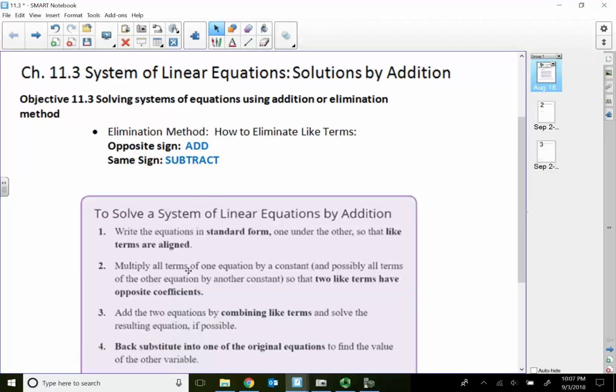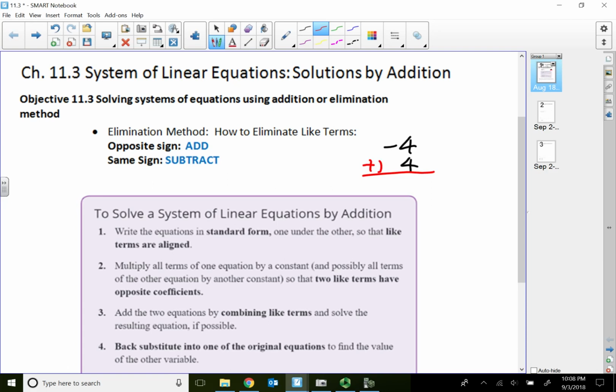Before we begin, I'm going to show you how we eliminate like terms. When two terms have the same coefficient but opposite sign, like a -4 and a +4, in order for these two terms to cancel out and become 0, we will add them.